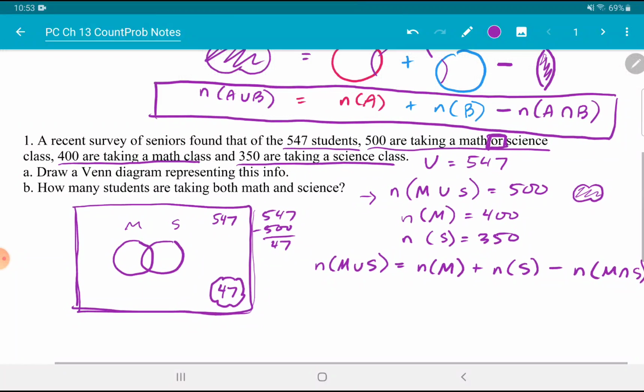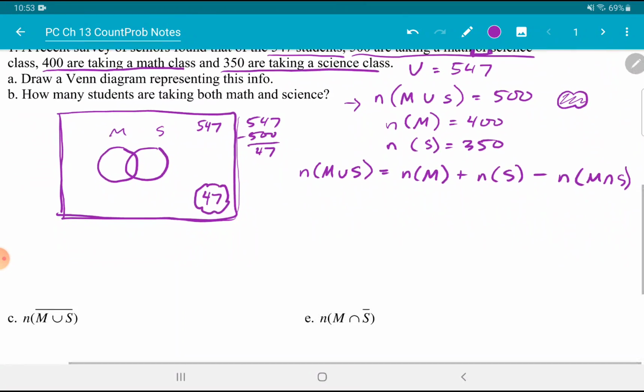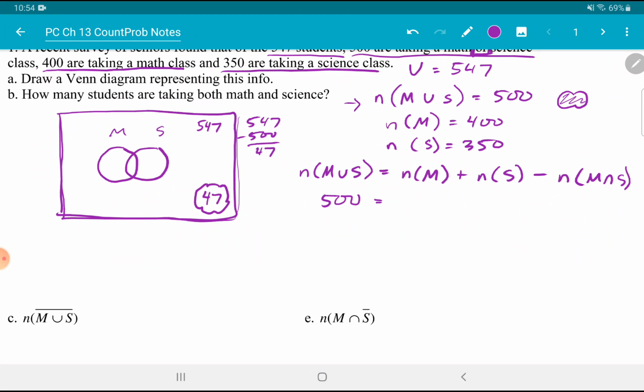Just using our formula from up above, our inclusion-exclusion principle, I'm going to fill in some missing pieces of information. We know that the number of students taking math or science is 500, and the 500 is made up of a couple of different things. We know that the number of students taking math is 400, and the number of students taking science is 350. And so what's left over is the number of students taking math and science.